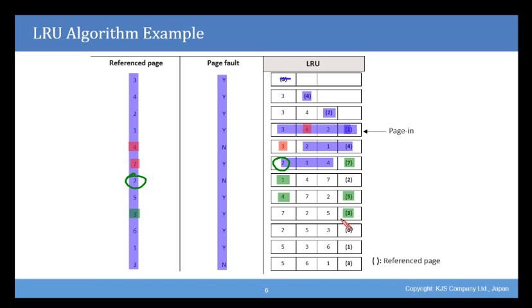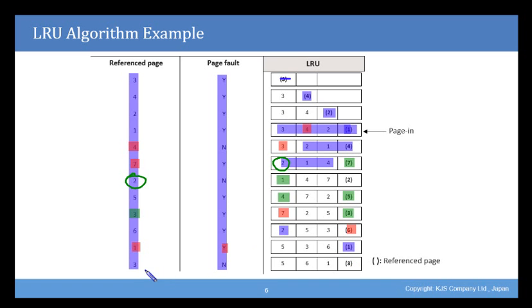On the next line we access a 6, and there's no 6 in the table, so the 7 has to be removed, and again 253 stays constant. Here we access 1, and again a page fault occurs because we don't have a 1 in our main memory, so 1 is accessed and 2 is removed. So finally we access the number 3.